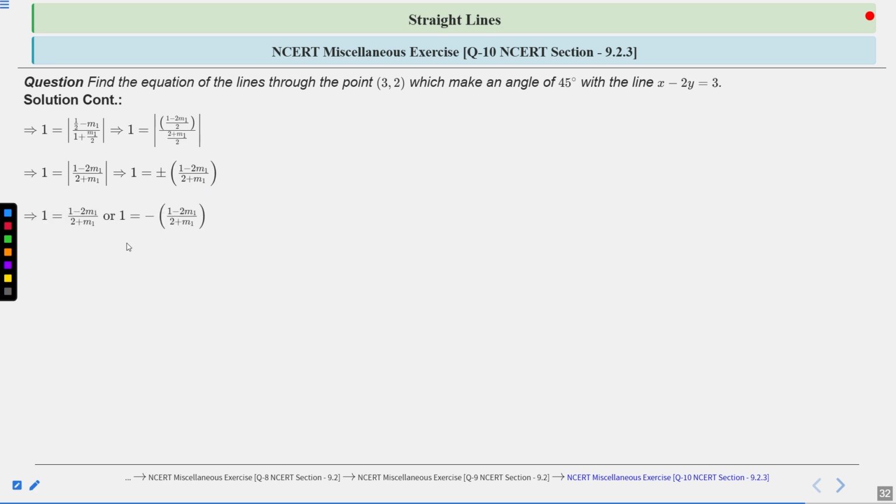From here we obtain two equations: 1 = (1 - 2m1)/(2 + m1), or 1 = -(1 - 2m1)/(2 + m1). It implies 2 + m1 = 1 - 2m1, or 2 + m1 = -1 + 2m1. From here m1 is -1/3, or m1 is 3.